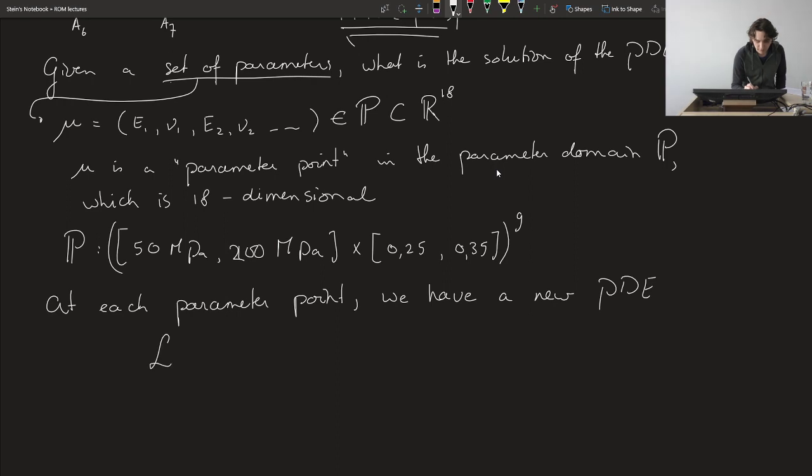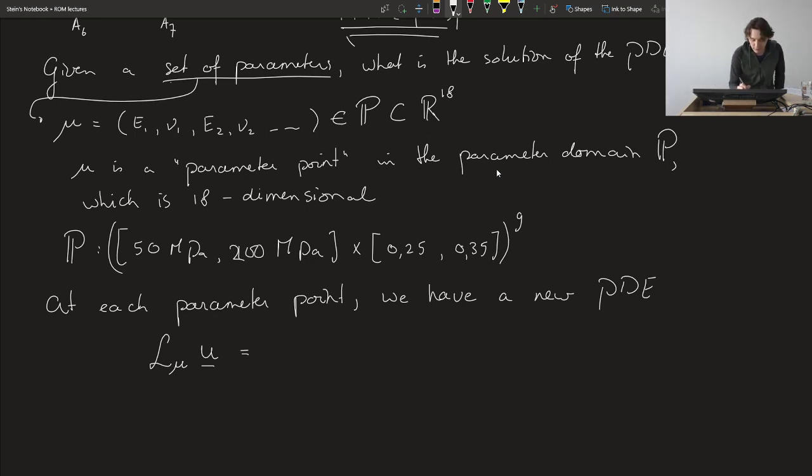So if I write my partial differential equation in the strong form with these operators, right, this was a differential operator, then this differential operator L is going to depend on my parameter point. Right? So I have a subscript mu there. And this is going to act on some solution field. And again, in this notation, we're interpreting L as a mapping from one Sobolev space to another Sobolev space.